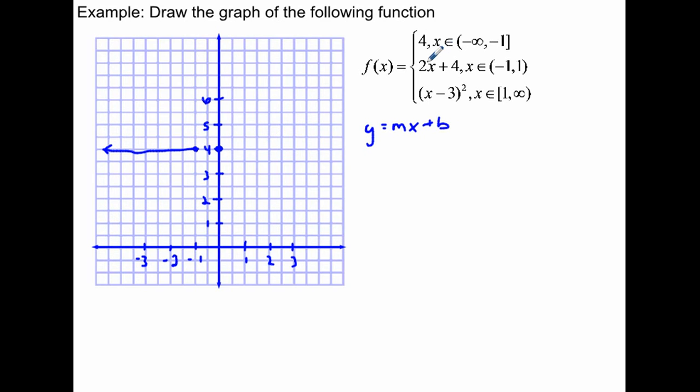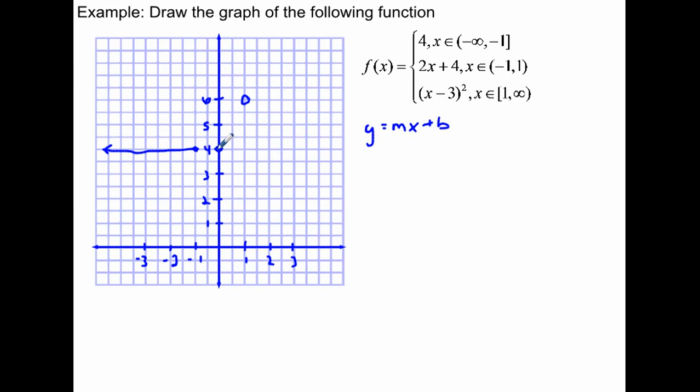Then my slope is going to be 2. So I'm going to go up 2 and over 1. So 1, 2, and over 1. Keep in mind that the scale of your graph has to match your slope. Now, this point here I colored in and I shouldn't have. It should actually be an open circle because it does not actually include 1 at that point.